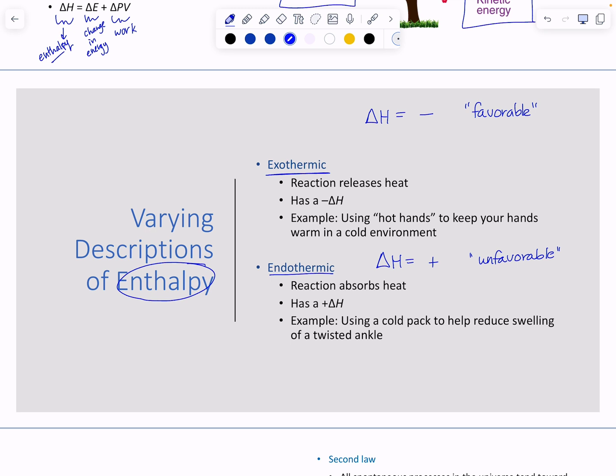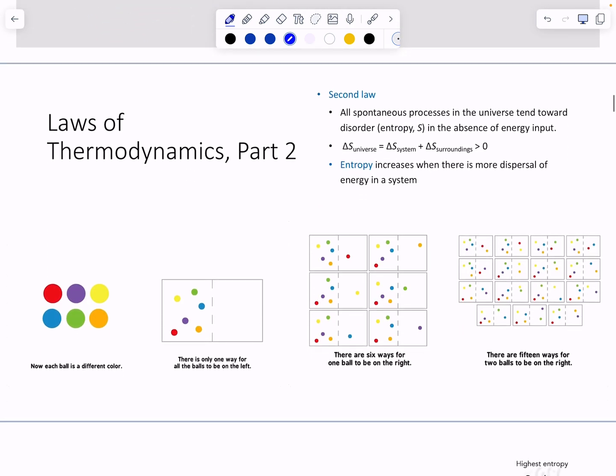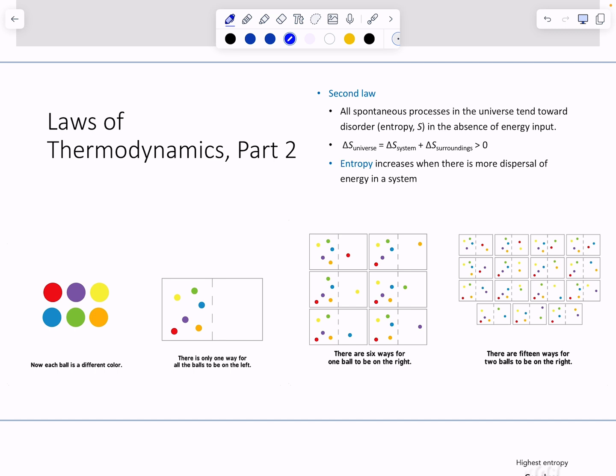Examples of exothermic and endothermic chemical reactions are ones that occur in those instant hot packs and cold packs, right? One of them gets hot because it releases heat to its environment. The other gets cold because it sucks heat away from its environment. All right, so this is a good time. We will talk about entropy in class on Wednesday, and then we'll do some free energy calculations.